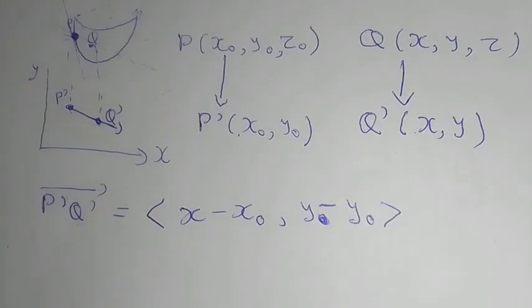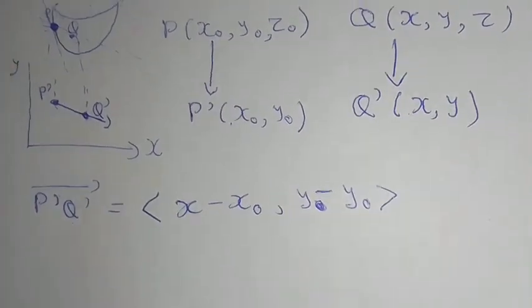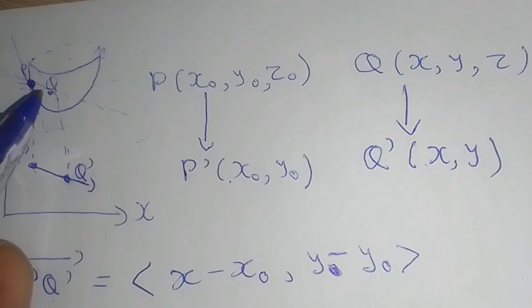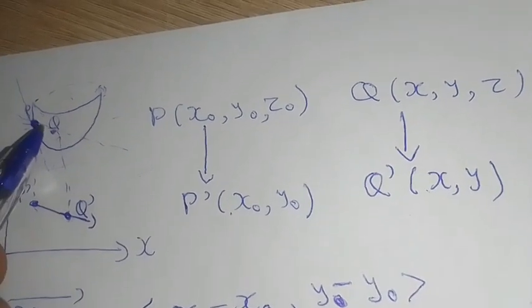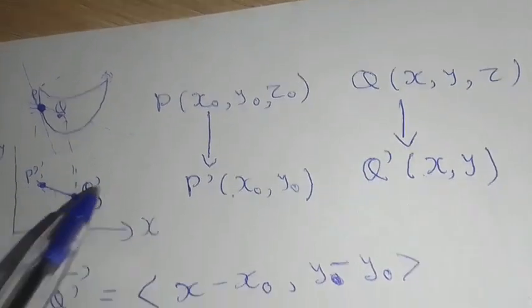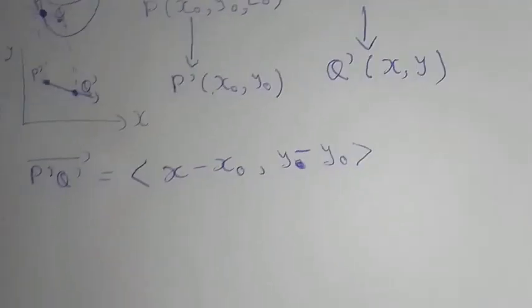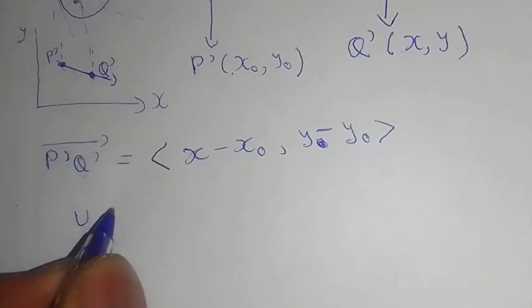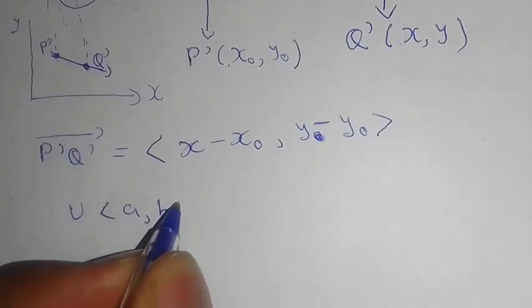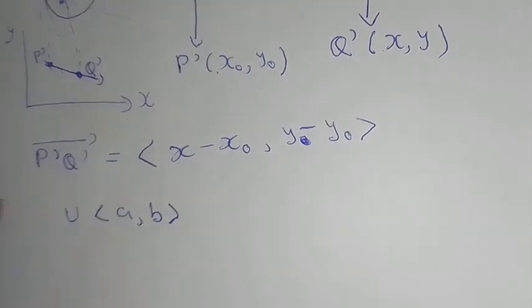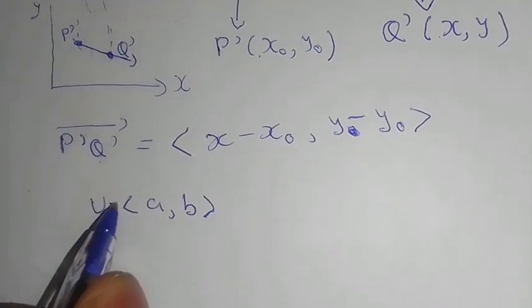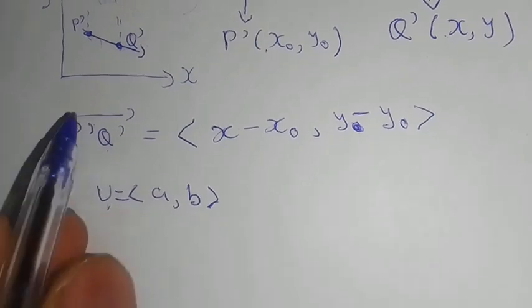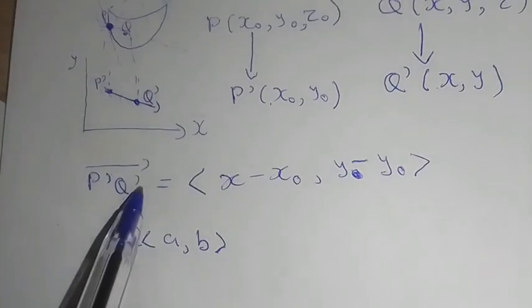Okay, so now we can have a unit vector that is parallel to this one. We're going to give our unit vector components a, b, and what we know about our unit vector is that it has a magnitude of 1. But notice that we say our unit vector is parallel to this vector here.